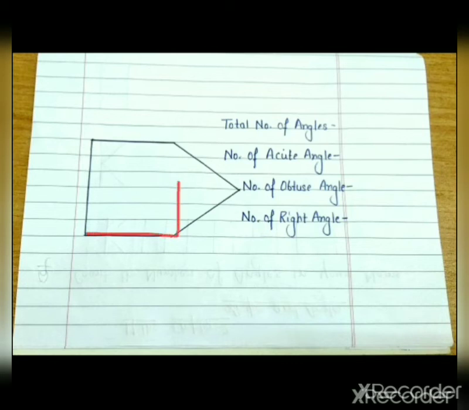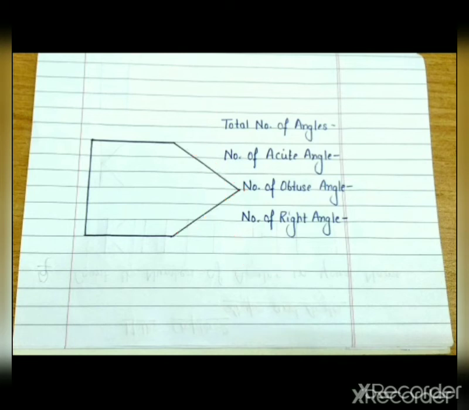This would be equal to 90 degrees, but this is not given. This line is making an angle with this line, so this is greater than 90 degrees. So this angle is also an obtuse angle. Now the last one: this line and this line are making an angle less than 90 degrees. So this is an acute angle.